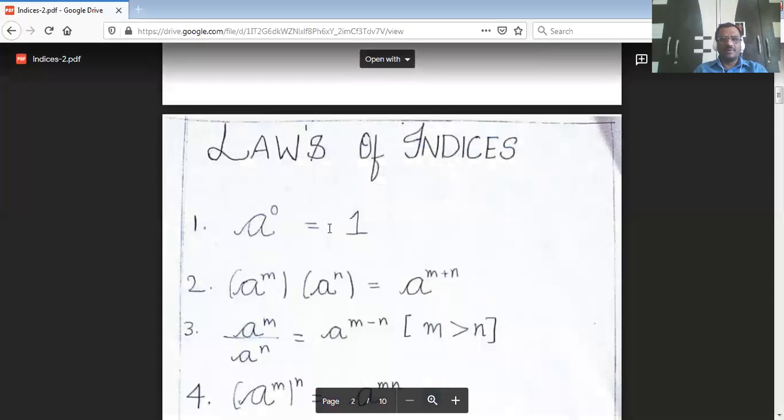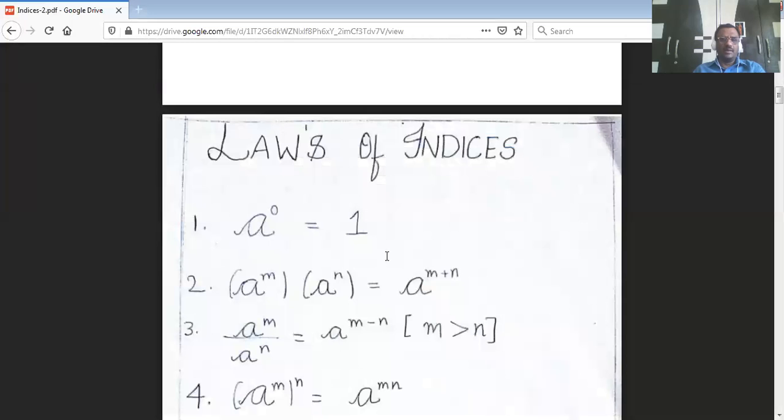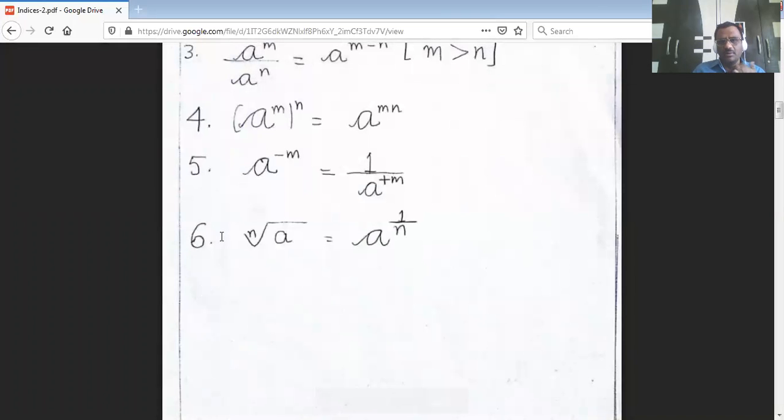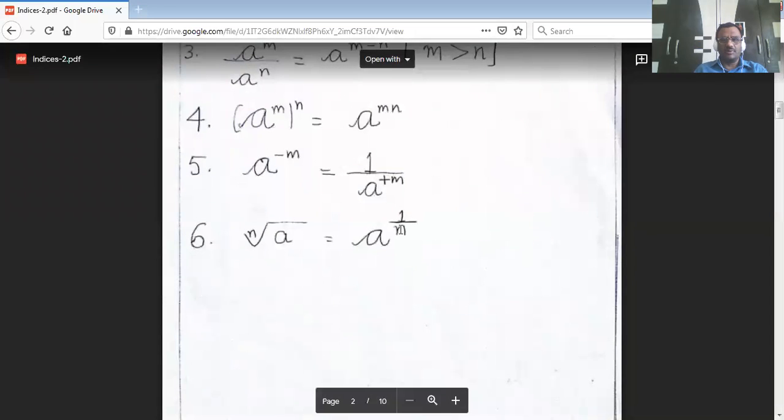Anyway, these are the regular equations, the regular laws of indices, and you need to add one more law to this, as said in my previous video: ab to the power of m is equal to a to the power of m into b to the power of m.